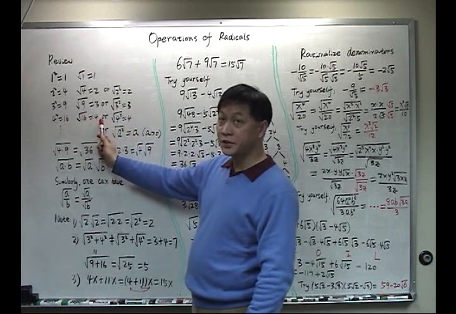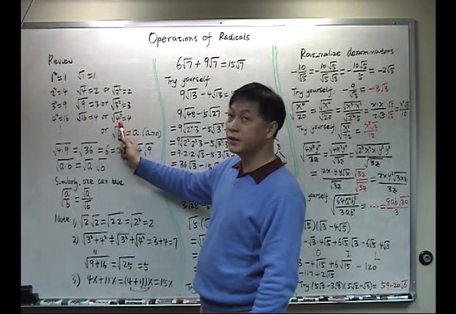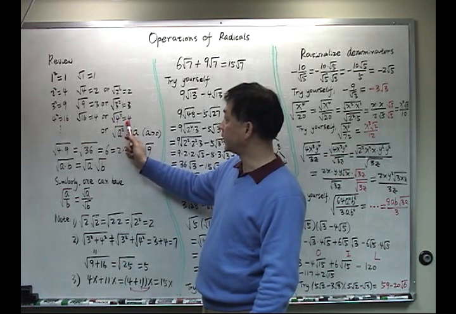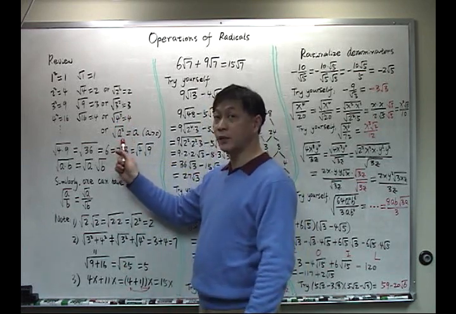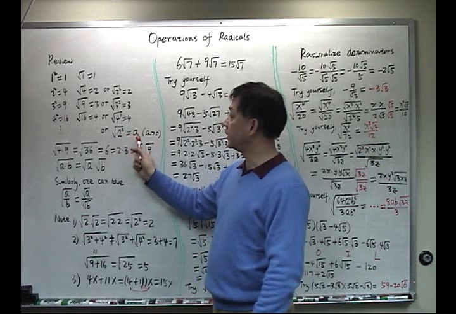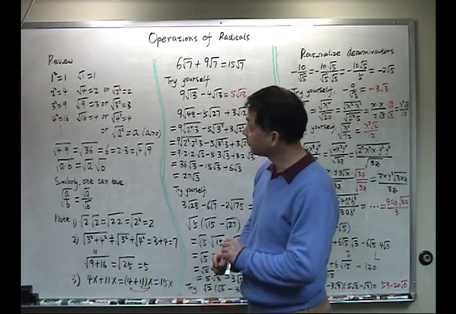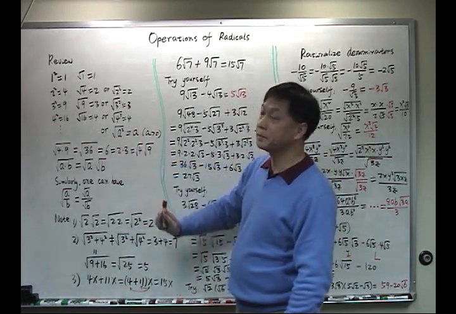Radical 16 is 4 because 16 is 4 squared, so radical 4 squared is actually 4. In general, we have radical a squared is a, if a is greater than 0. That's one thing we need to remember.